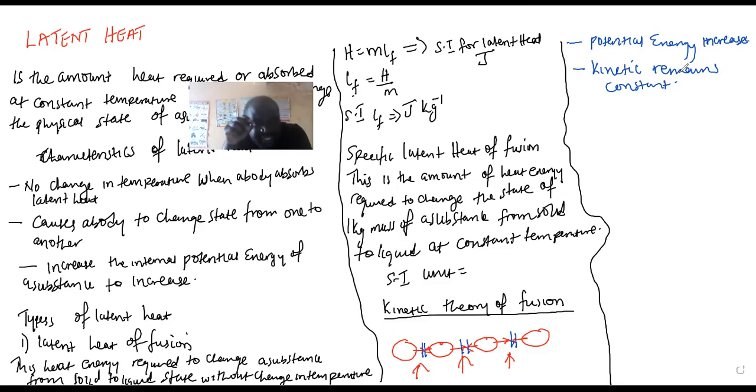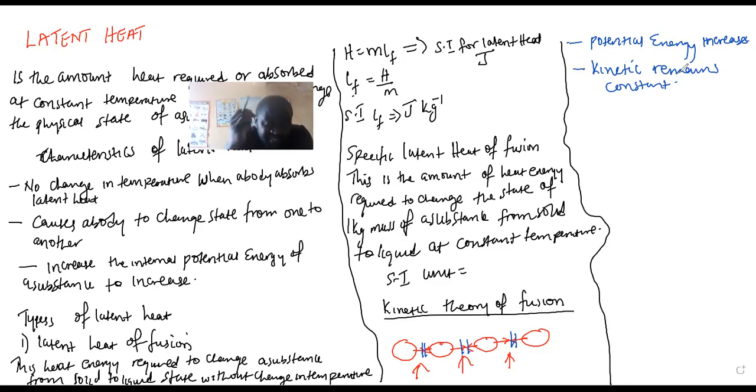Now, since kinetic energy is directly proportional to temperature of the molecules, the constant kinetic energy brings about a constant temperature. That is why latent heat of fusion occurs at a constant temperature.